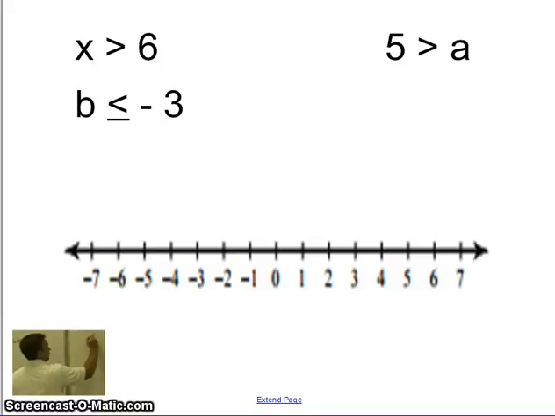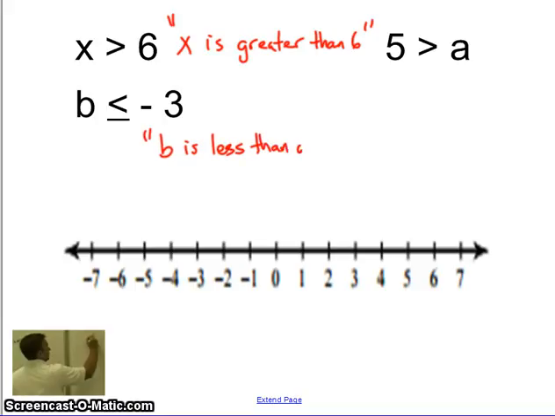So real quick, we would say the first one is x is greater than 6. The next is b is less than or equal to -3. And this one right here, we could say two different things.